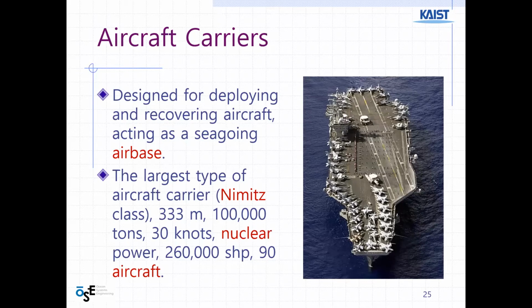And the aircraft carrier is well known to everybody. It is designed for deploying aircraft for air forces for fighting, acting as a seagoing airbase. So you can say this ship is an airbase, but an airbase is usually located on land, and this one is an ocean-based airbase.